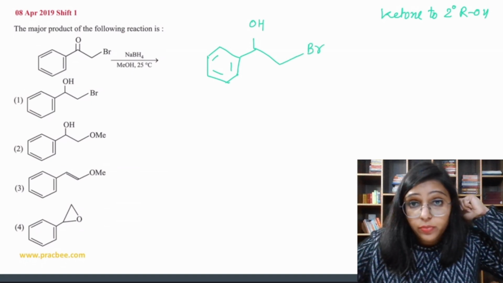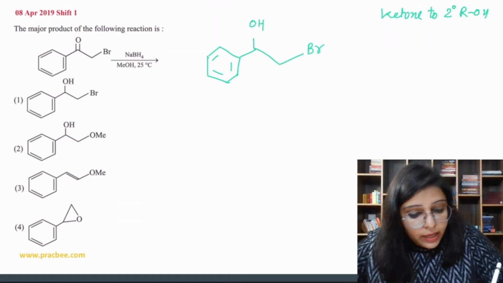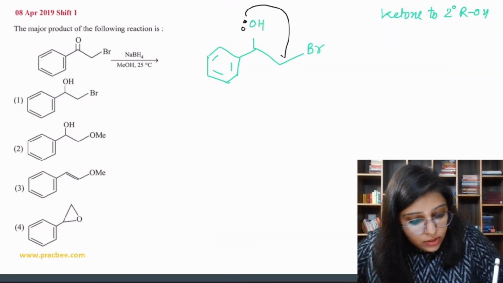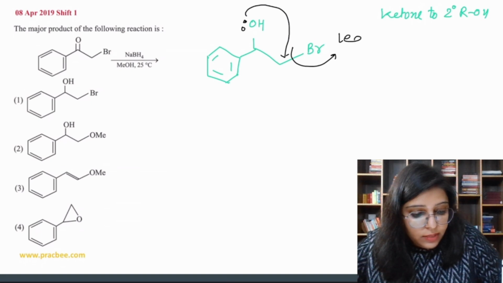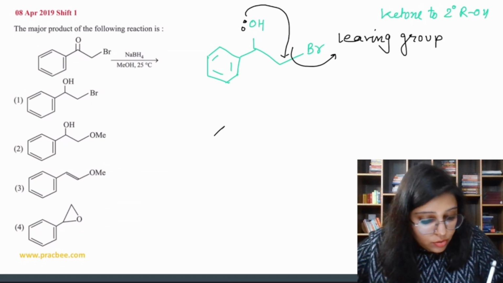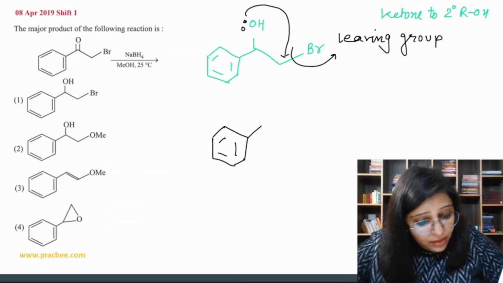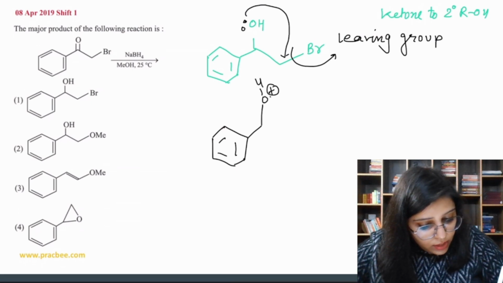Now what can we do? Now intramolecular attack can happen. Oxygen can attack on this carbon and Br leaves because Br is a leaving group. Okay. So we get this situation. Obviously we get a cyclic ring and that is going to be OH positive and here we write this.